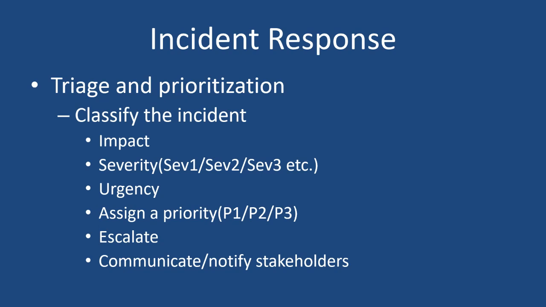Priority is according to business and stakeholders. How is it impacting the business and stakeholders? How important is that problem to the business? So a P1 incident is a very high priority incident according to business. So P1, P2, P3 are decided according to the business priority.